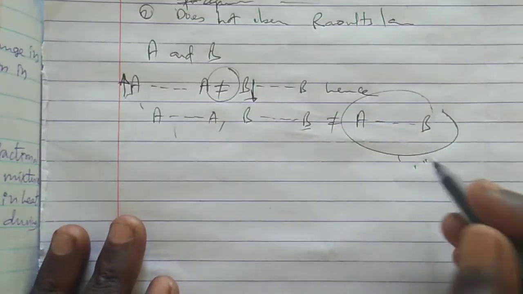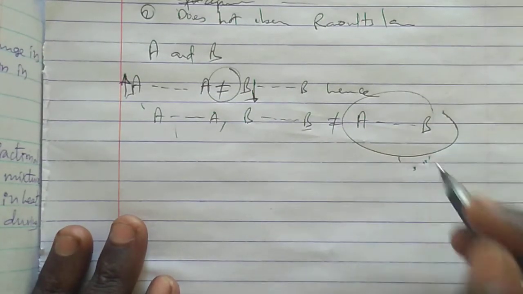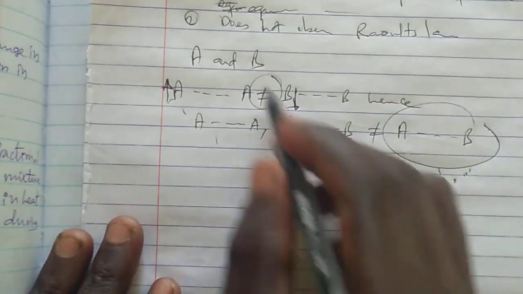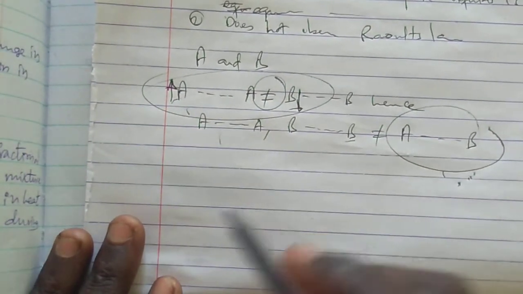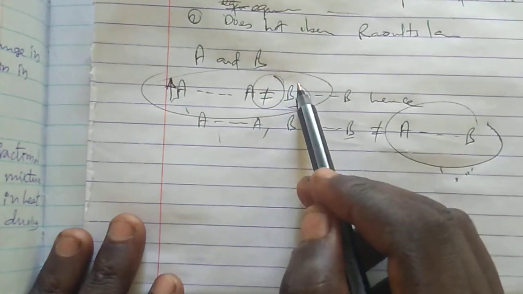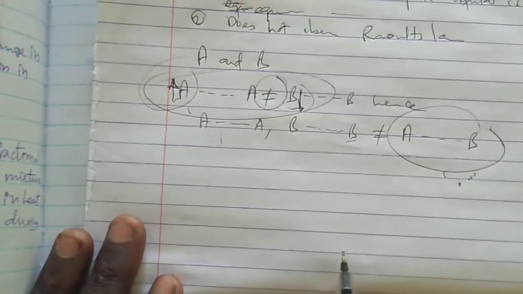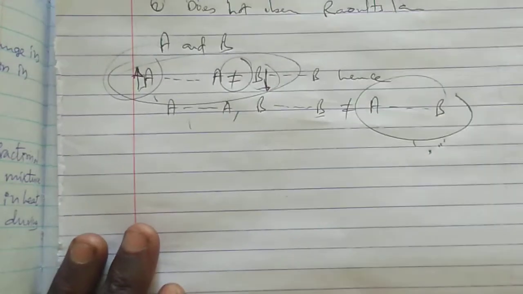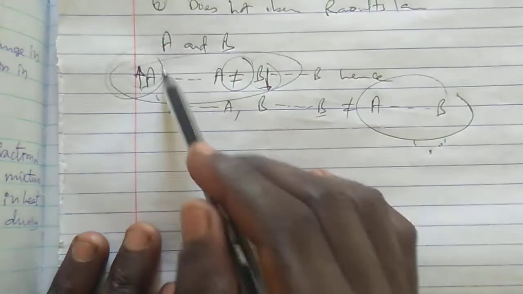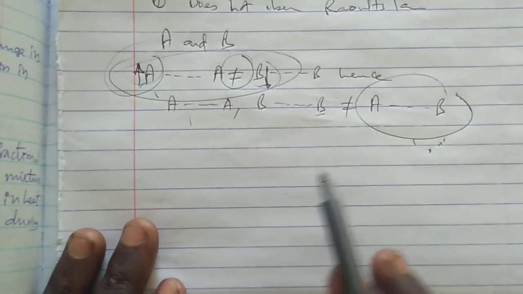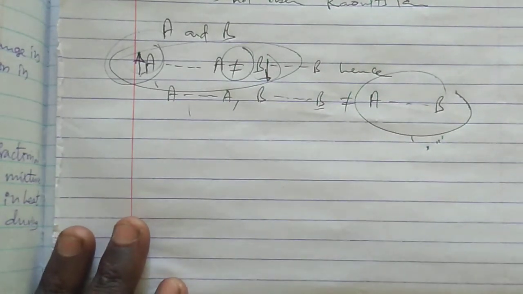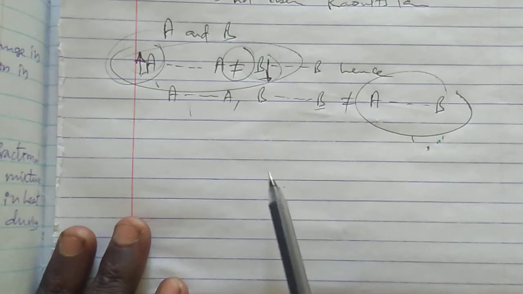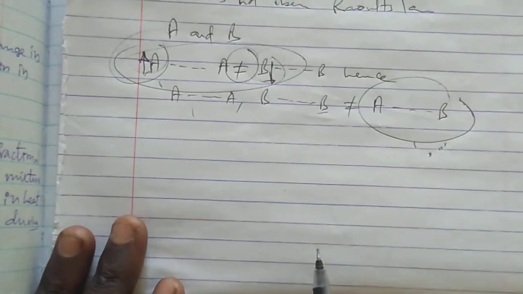So the intermolecular force of attraction in the solution will either be lower than that of B or higher than that of A. If the intermolecular force of attraction is higher than that of A, we call it negative deviation. And if it is lower than that of B, we call it positive deviation.